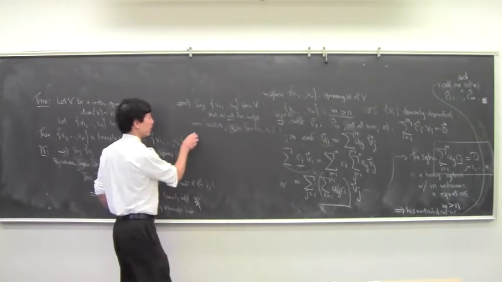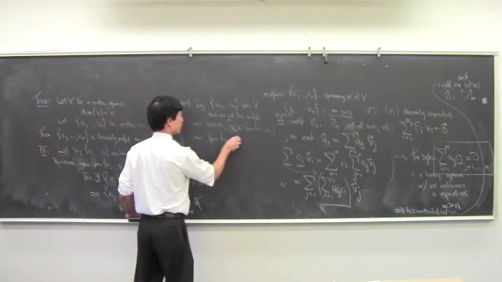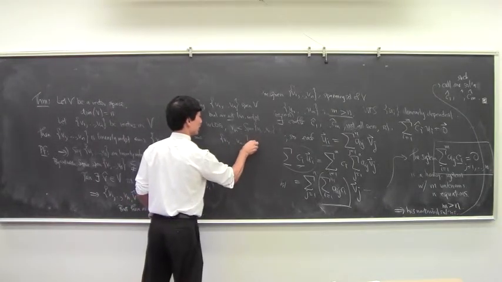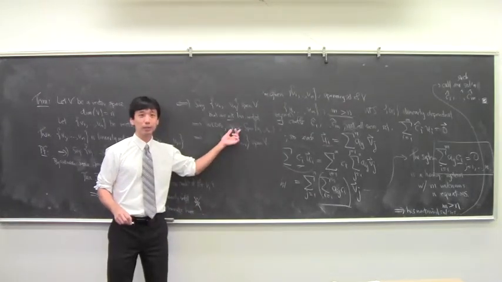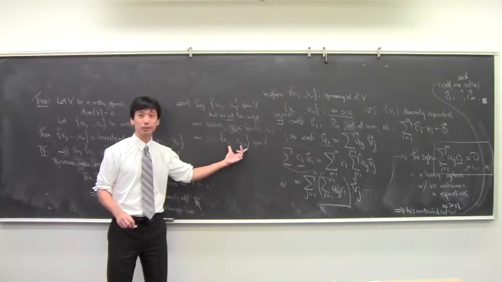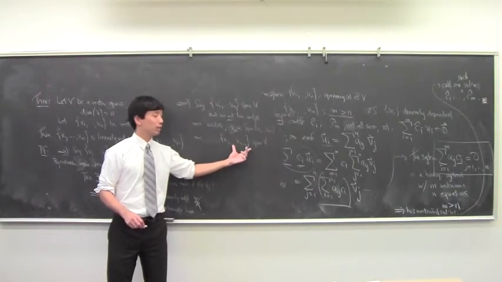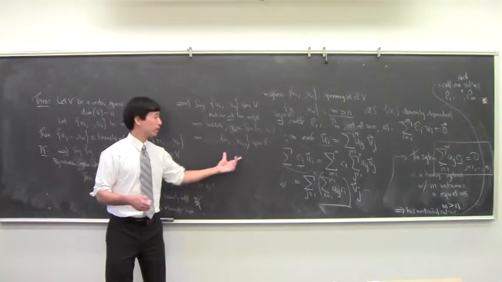So that means that the span of the previous guys spans V. That last guy was redundant. Even if we throw it out, the span doesn't change. What's the contradiction? Mia? The dimension is n. Right, so we know that there are linearly independent sets of size n in the space.